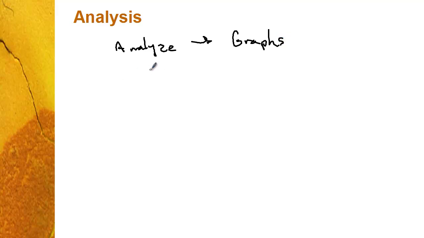Because from graphs we can see if there's some kind of relationship here, and relationships are important. That's really what we're looking for in our data. We're looking for relationships. Maybe we find out there's no relationship, but we'll talk about that here in a second.